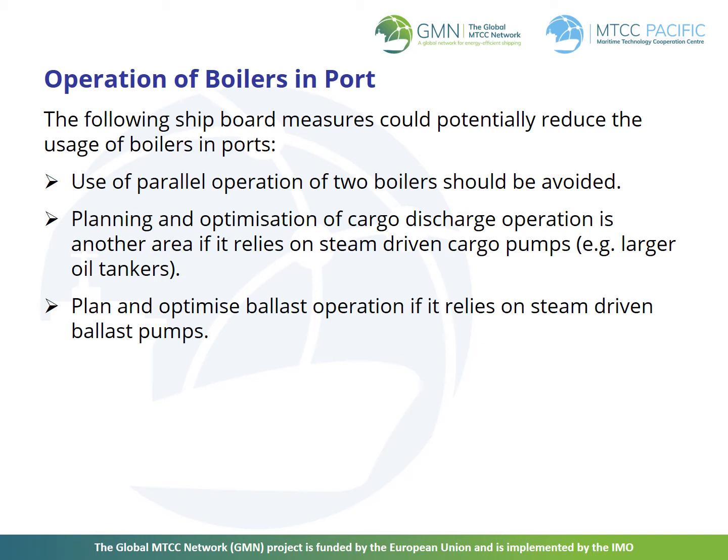At low loads, the energy efficiency reduces and emissions factors increase, which is not helpful. The use of parallel operation of two boilers should be avoided. This not only improves the energy efficiency of the working boiler, but also gets rid of electrical requirements for the second auxiliary boiler.